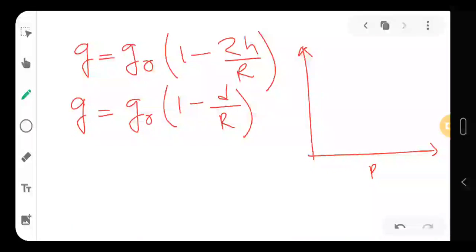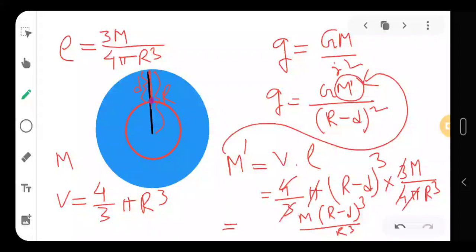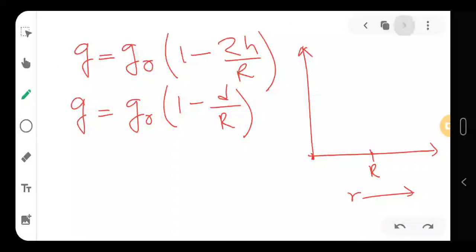This is my distance, which is increasing from the core of Earth. So at the core of Earth, the value of g is 0. You know that, because d will be r at the core, and that's why this part will be 1, and 1 minus 1 is 0. Why will d be r? Because if I am at the center, then my d and r will be the same. Okay. So this will start from 0.